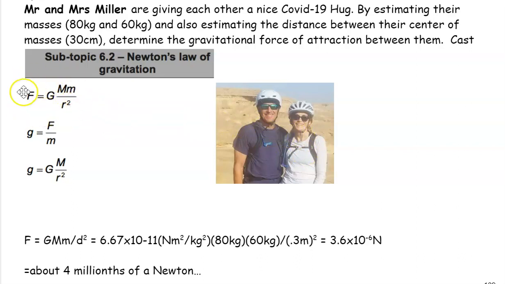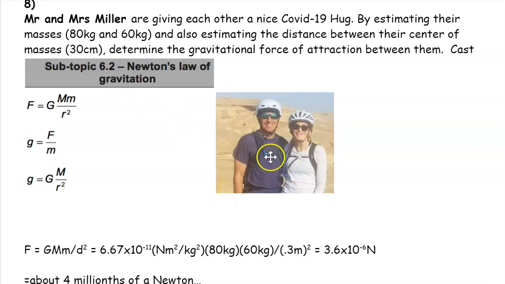In the definition of the universal gravity law here, we talk about M being a point mass, which means that we're assuming that the mass of the whole object is at a single point, and that point is going to be located at the center of mass.